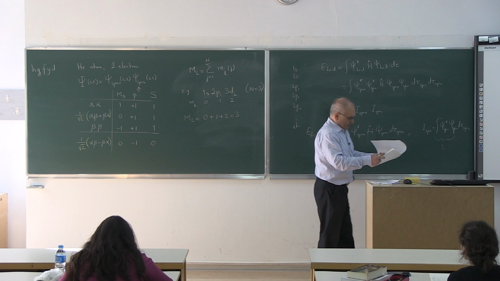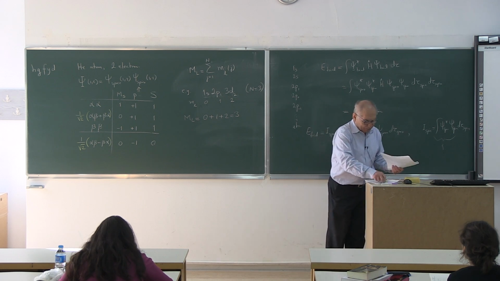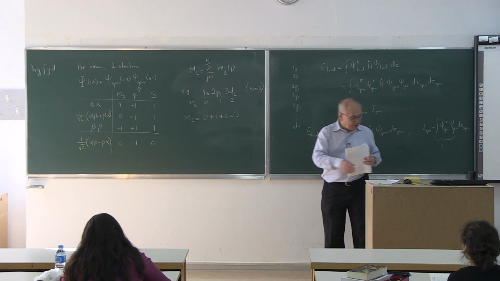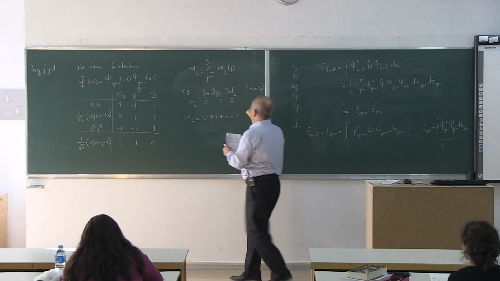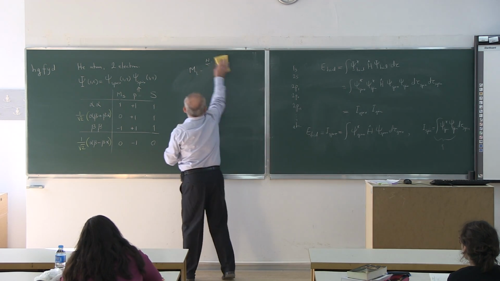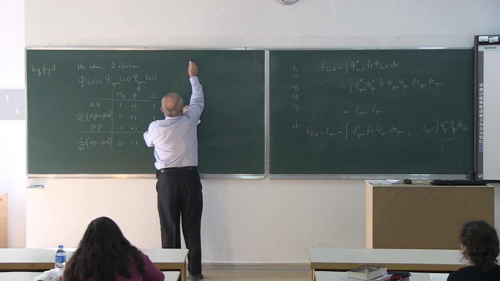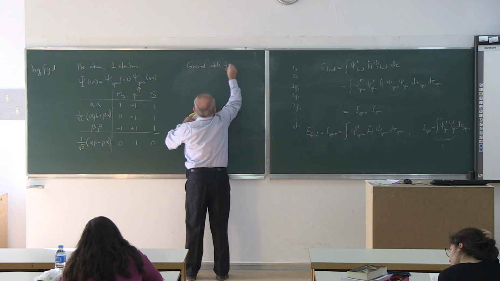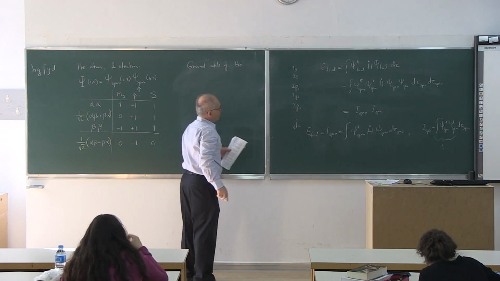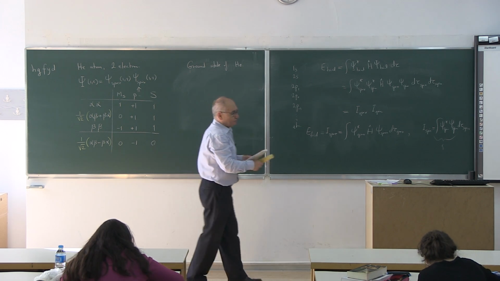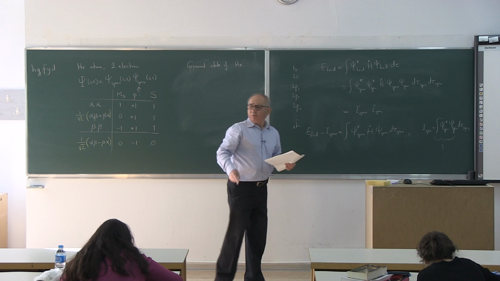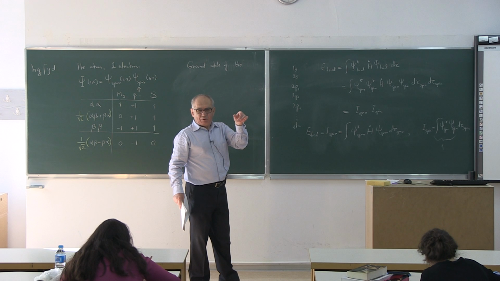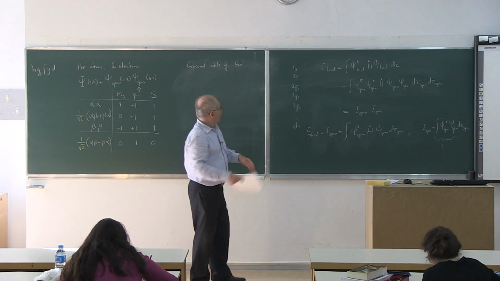Now, let's go more explicit, and let us consider the ground state of helium atom. We are going to select orbitals for the ground state from this set.